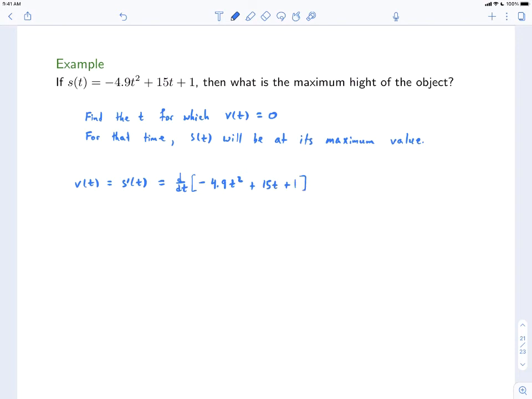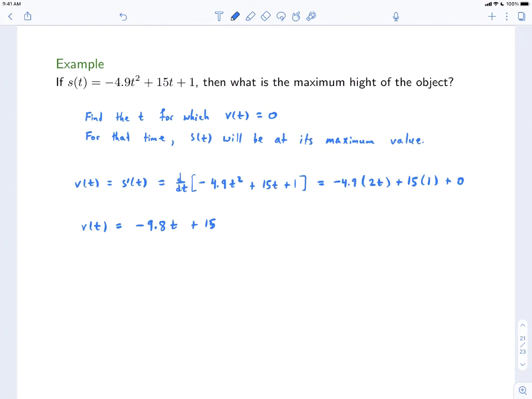And we just differentiate it term by term. So we'll have minus 4.9 times 2t to the 1 plus 15 times 1 plus 0. So our velocity at time t will be minus 9.8t plus 15.